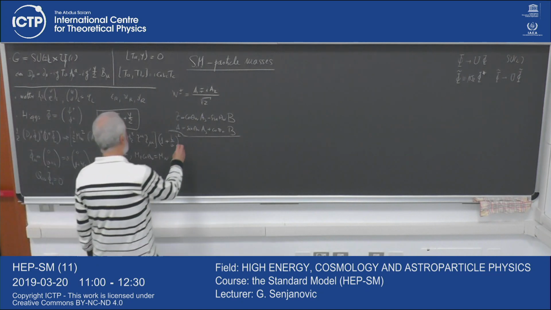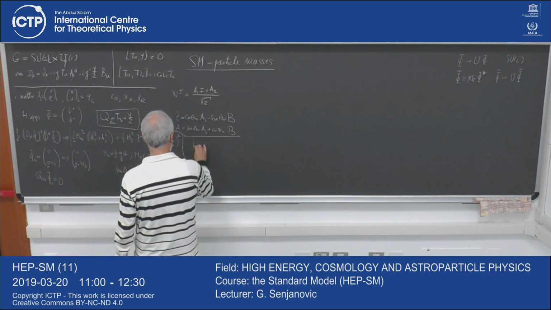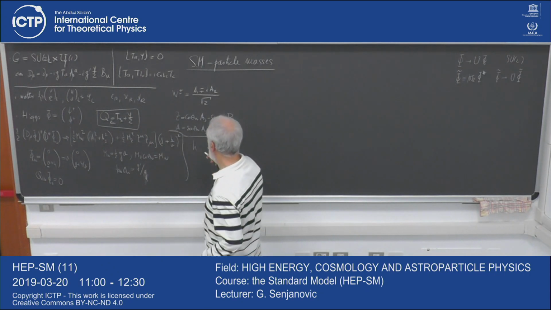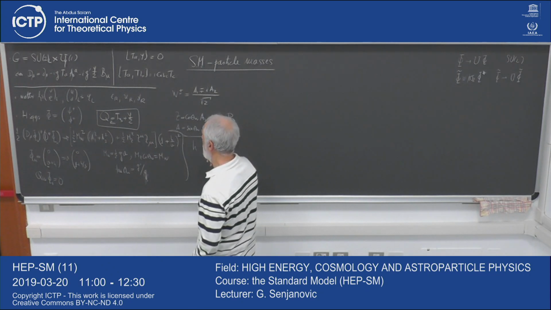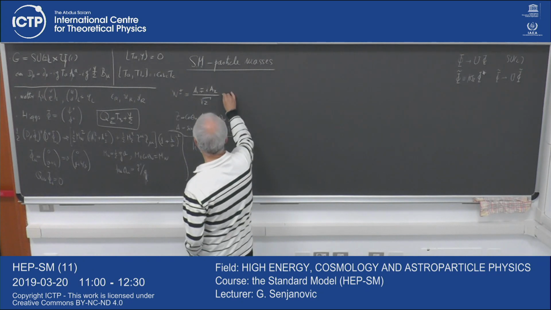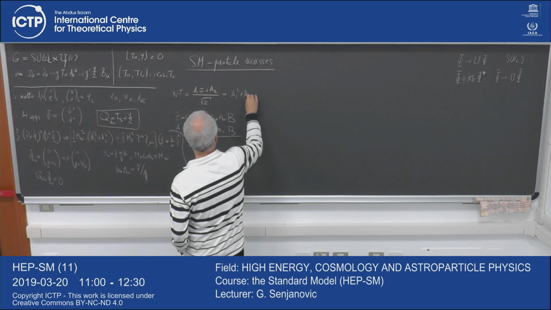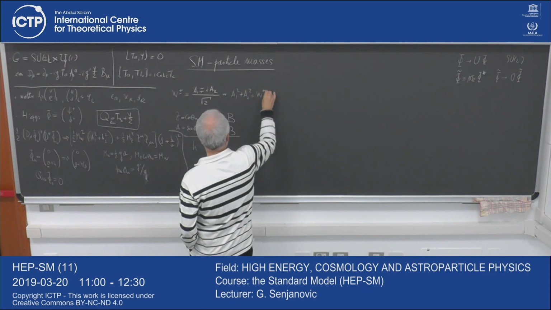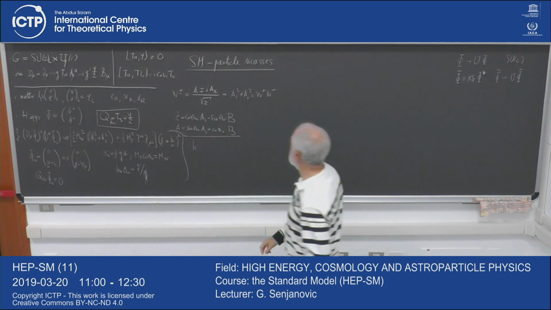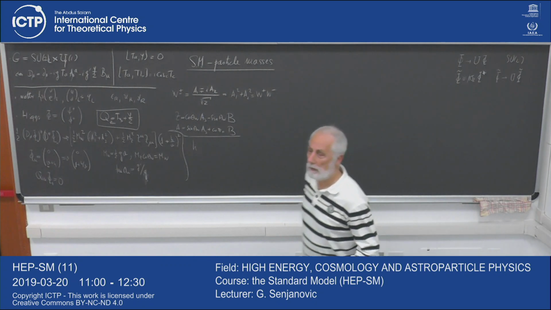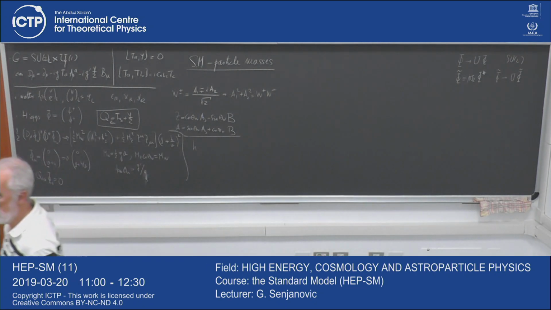If you wish, from here we can have the interaction of the Higgs, the leading term. What would I get? By the way, from here, A1 square plus A2 square is W plus W minus. That's the normalization. There is a relative factor of 2, both in the mass term and the kinetic energy.